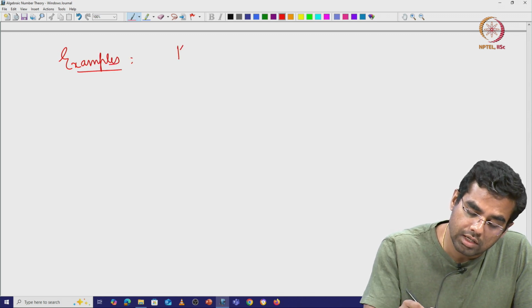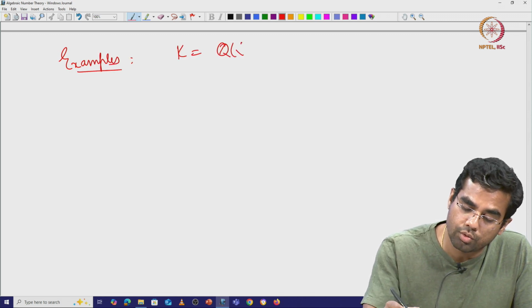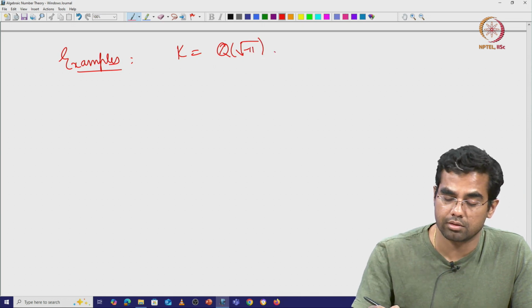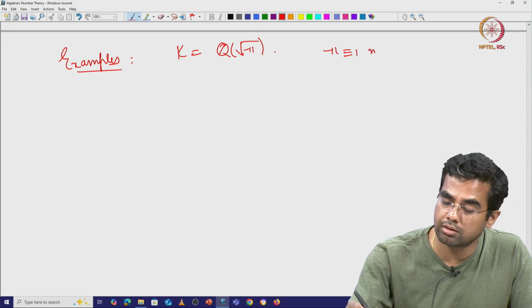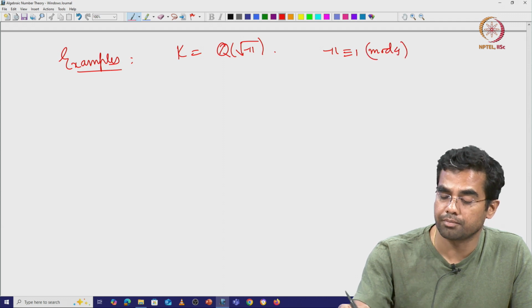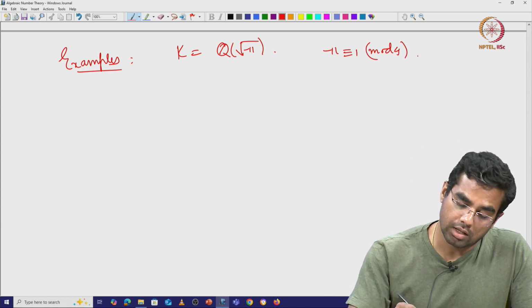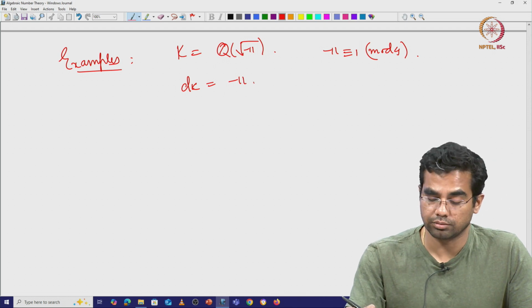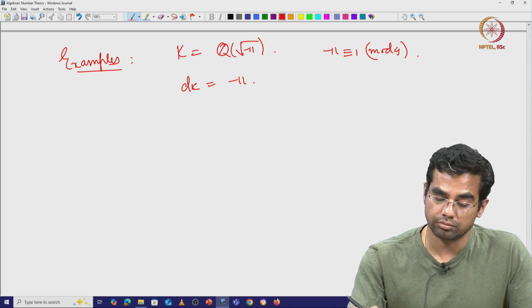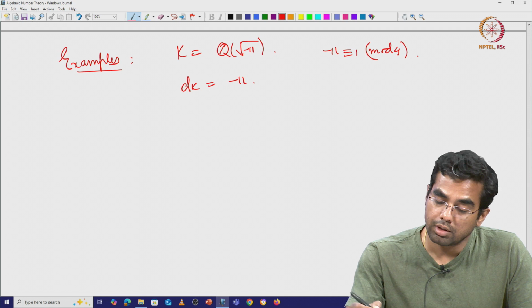So, let us say K is Q square root of minus 11, right. So, minus 11 is 1 mod 4, right. And so, the discriminant is again minus 11, right.